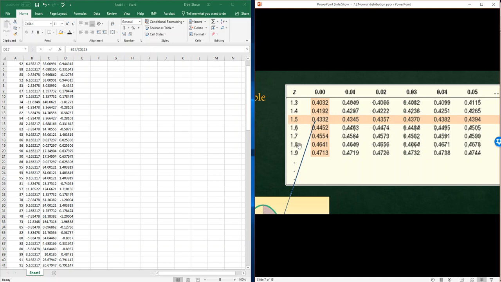Okay, this is the probability of an individual being between the mean and a z-score of 1.4, or 1.4 standard deviations above the mean.